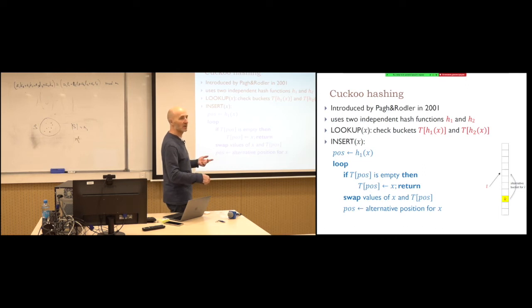We can find this out by comparing h1 of x and h2 of x with the current location. So we can find the alternative one. And we continue. We iterate until we find an empty bucket.